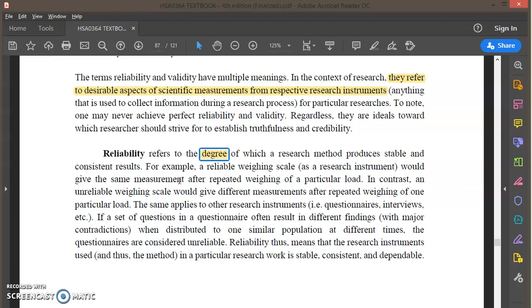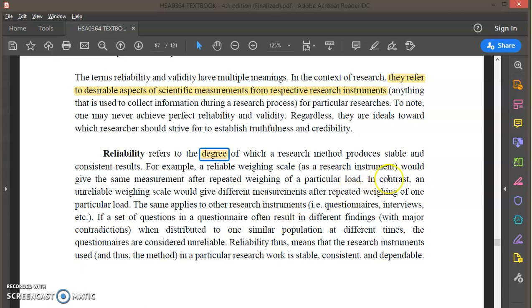For example, you have a weighing scale, and if I were to step on it, and it gives me a measurement, for example, 55 kilograms, and after I step on it again, if it gives me the same amount of measurement, then it can be seen as a reliable research instrument. Right?